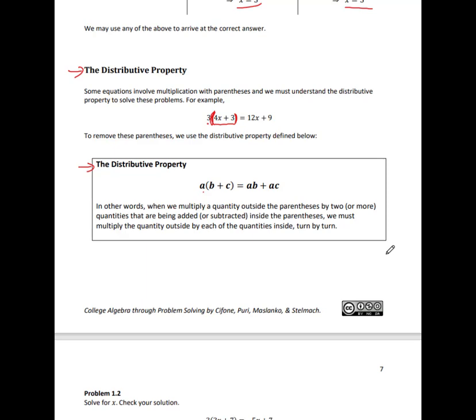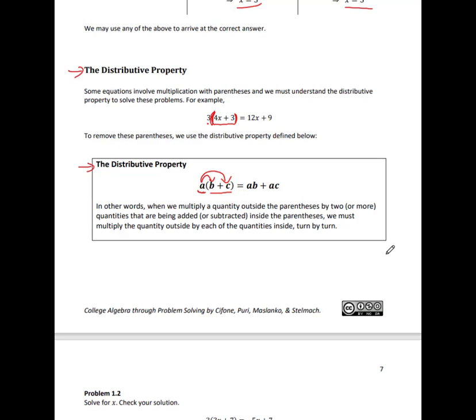What this means is when we multiply a quantity A that is outside of the parentheses by 2 or more quantities that are being added or subtracted inside of the parentheses, then we must multiply the quantity on the outside by each of the quantities inside of the parentheses.